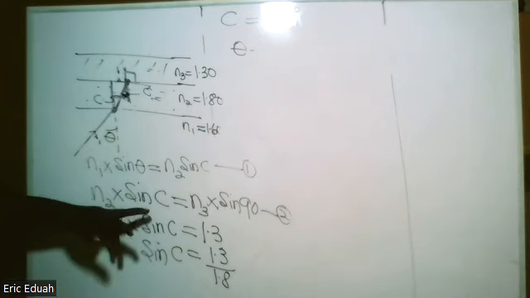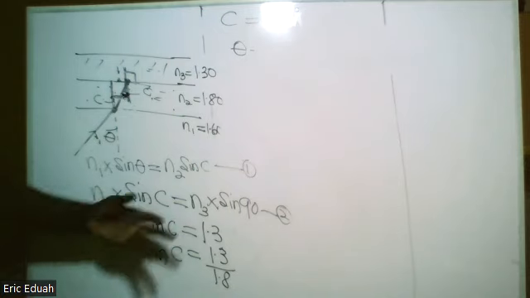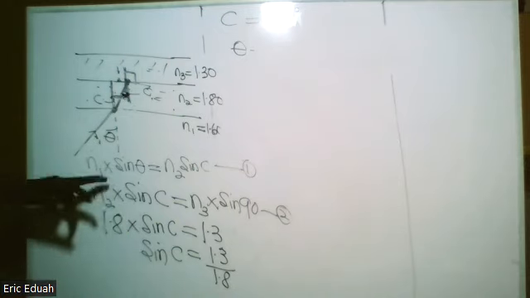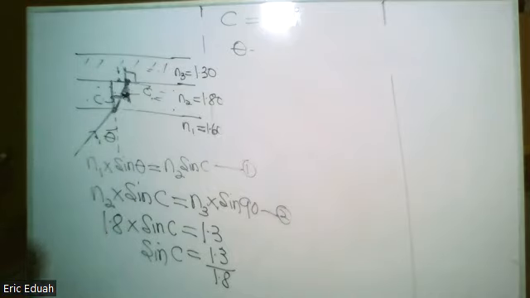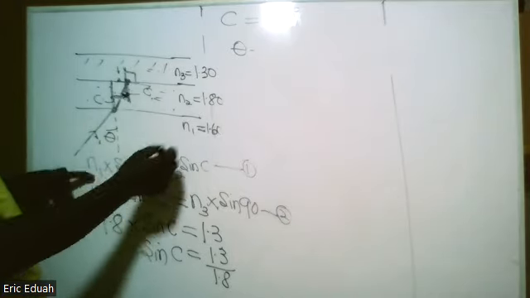Let's see it. We use equation 2 to find C. Equation 1 has theta within. So N1 is 1.6.